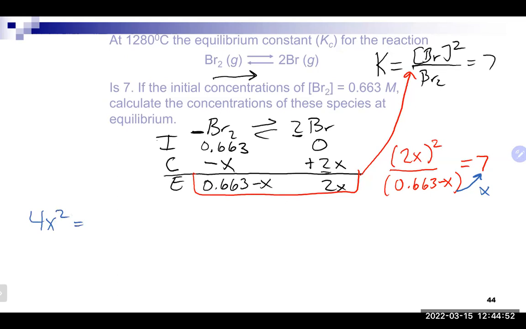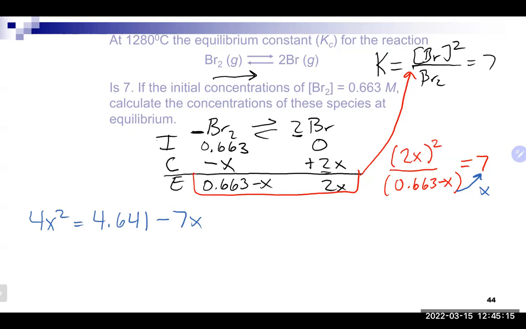Taking everything to the other side will give me 0.663 times 7, which gives me 4.641 minus 7x.